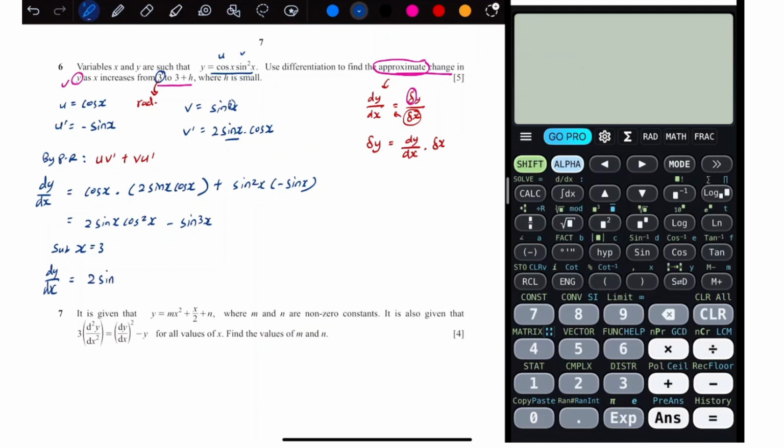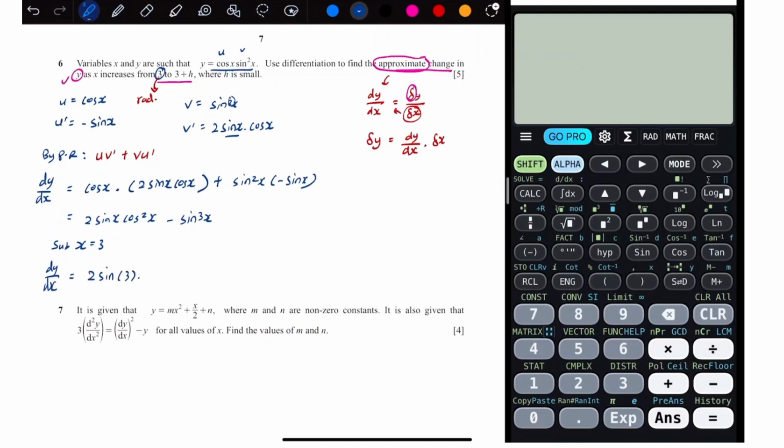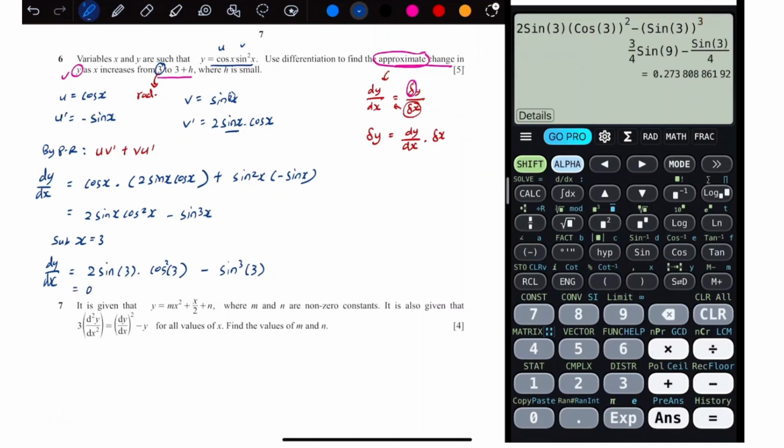2 sine 3 multiply cos square 3 minus sine cube 3. So we'll see 2 sine 3, okay, it's in radian mode, right? I'm just scared. Cos square, okay, minus sine. So that's going to be 0.2738.